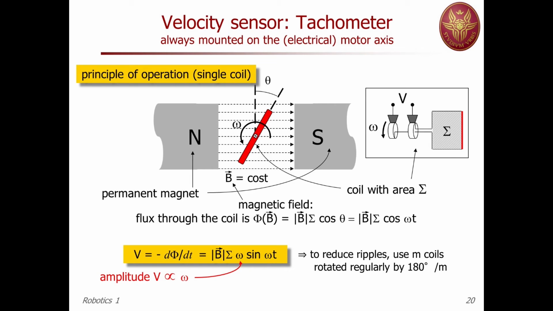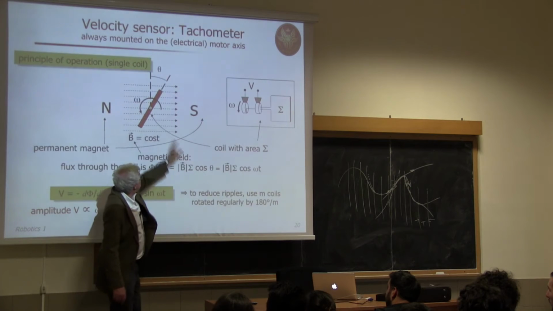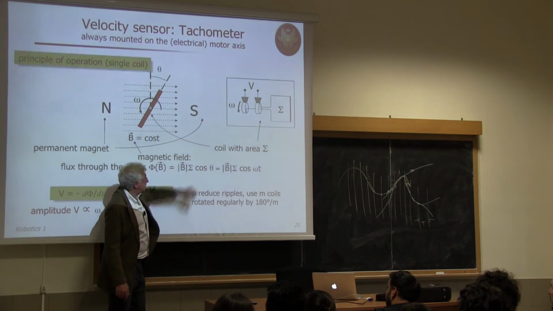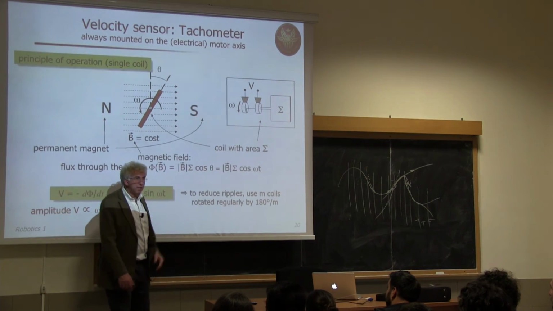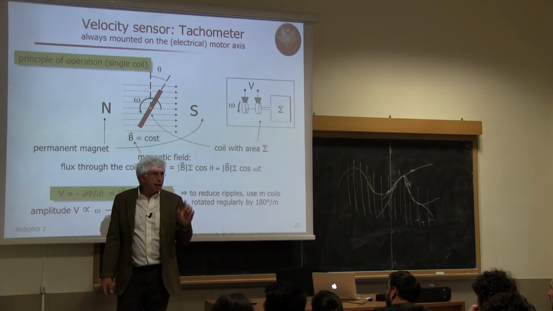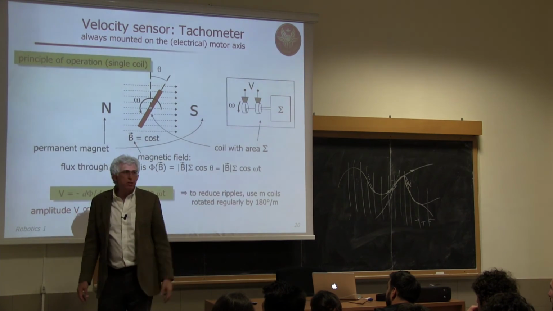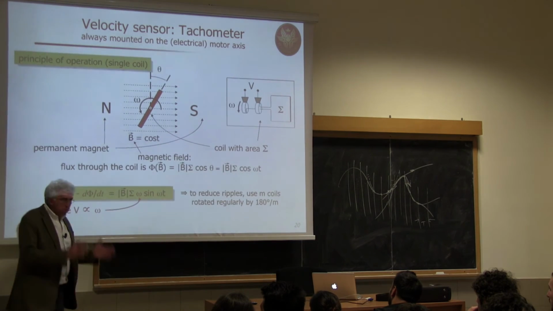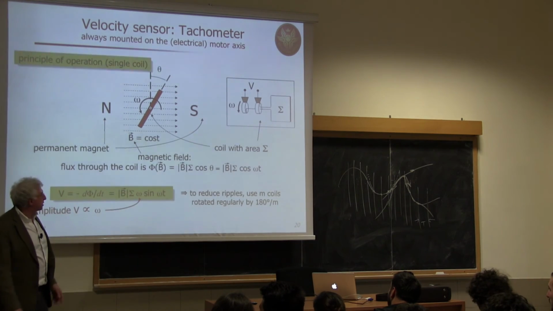Now, while rotating, the flux going across the coil changes. The magnetic field is constant, but the flux varies with the angle theta in a trigonometric way, if you're moving at constant speed. And for the time being, we can consider that this is a fraction of time where velocity stays constant.